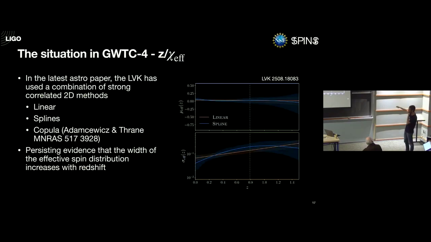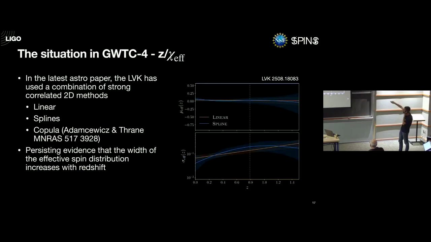Here you have on the x-axis the redshift, on the y-axis the mean of chi-effective as a function of z, and the width. Orange is the linear model, blue is the spline correlated model. You see basically they agree on no correlation for the location parameter, while for the width they both get some increase as you go away from redshift of 0. They start disagreeing, but so do their uncertainty at larger redshifts.